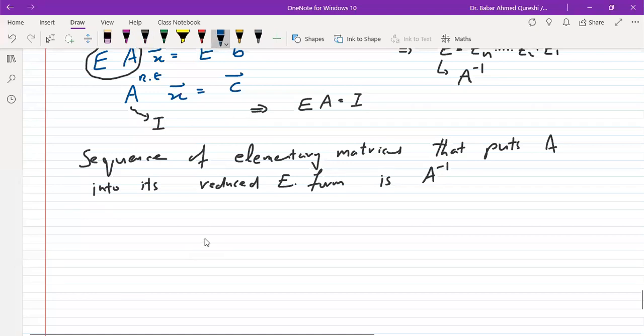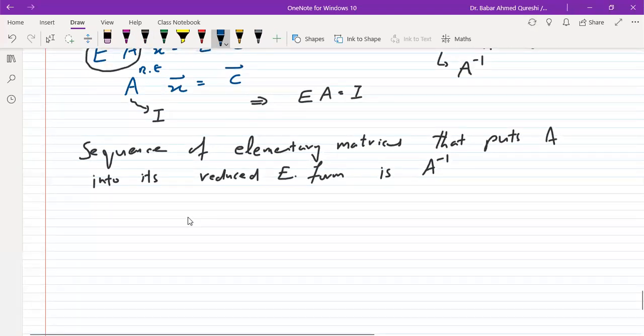So then that means En, ..., E3, E2, E1 is A inverse.